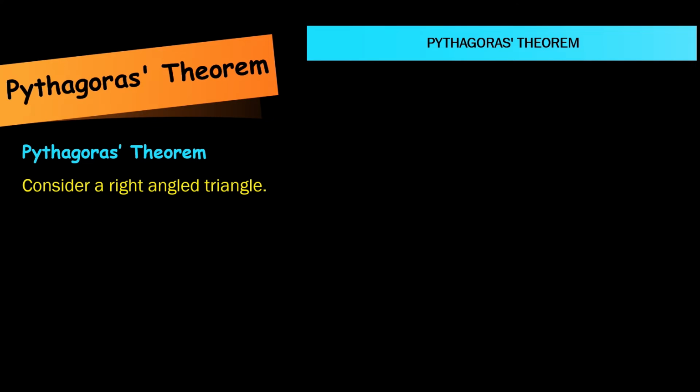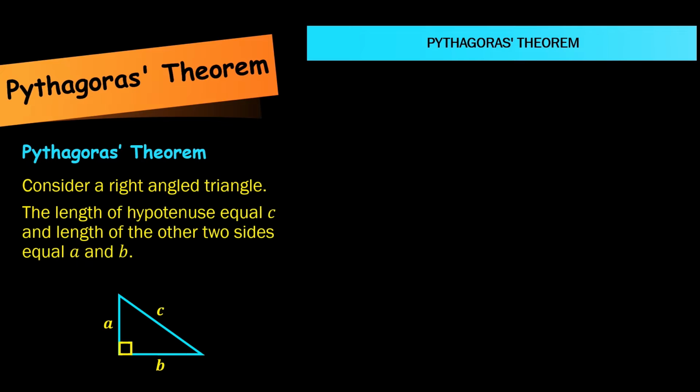Before we move on to the next exercise, let's remind ourselves of Pythagoras' theorem. Consider a right-angled triangle. The length of the hypotenuse equals c, and the length of the other two sides equals a and b. And therefore we have that a squared plus b squared equals c squared.